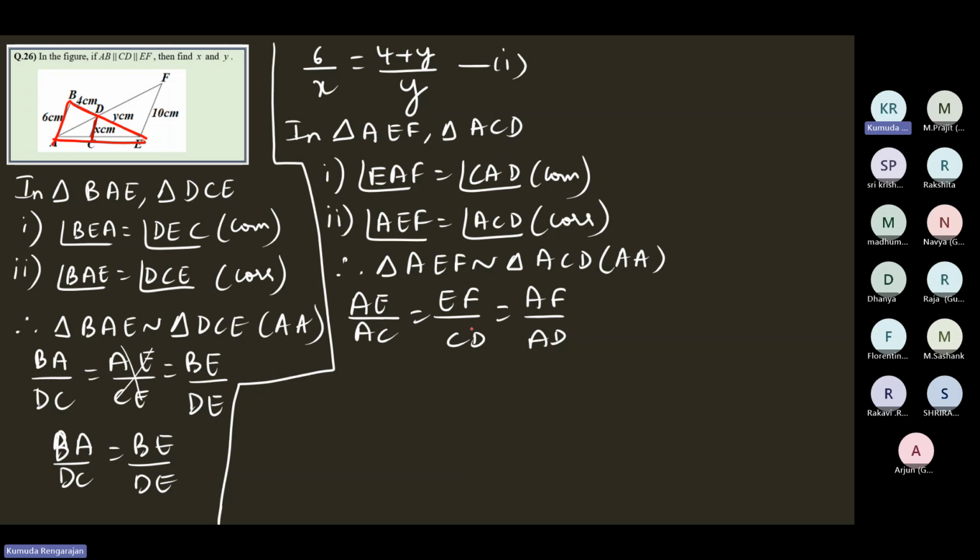Or because we're using similarity here, you can even do this: ED by EB is equal to EC by EA, right? So if this one is Y by Y plus 4, this one also will be Y by Y plus 4 using BPT. Using BPT, I'll tell you again.